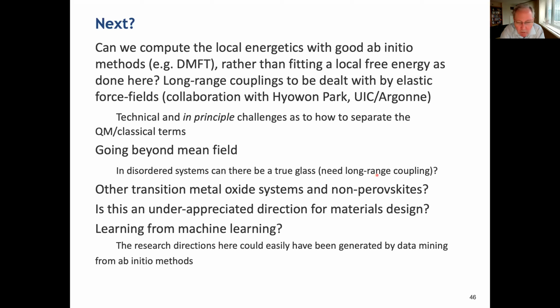If you want to make an electrocaloric material that has a transition around room temperature and has a large entropy and latent heat, you actually want to be able to manipulate this physics to tune the behavior in that place.